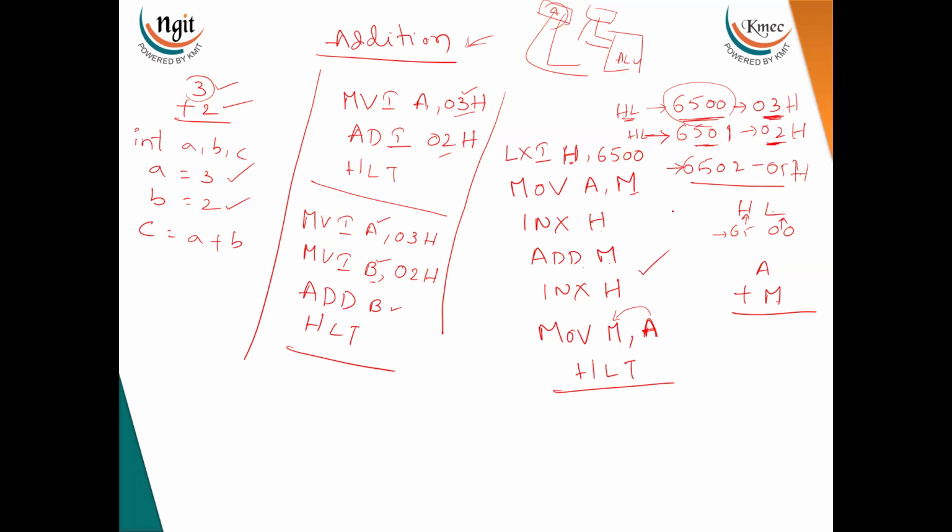Now, if I have taken the data like C8 and D9, if I wanted to add these two data, how can I write now? 8 is 1000. C is 1100. Now again 9, how can I write? 1001. D, how can I write? D is the value of 13, so 1101.